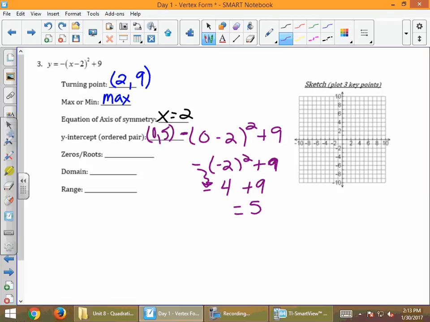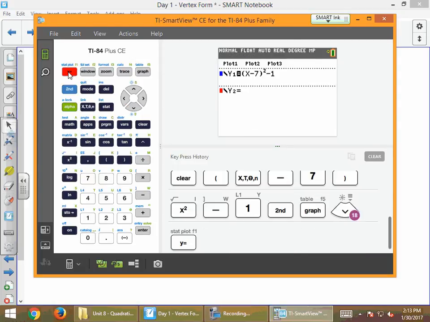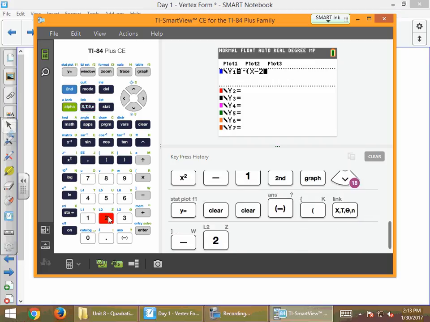Okay, to get the roots, we can use our calculator. Have your calculator, go to y equals. We have a negative, then minus 4, minus 2, squared, plus 9. So let's plug that in at y equals.